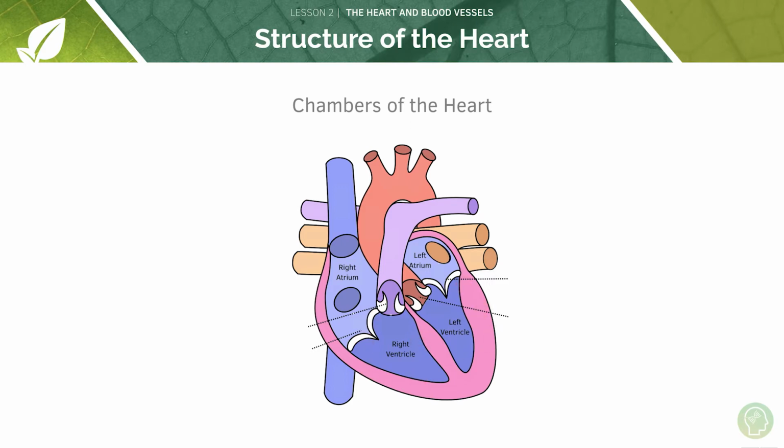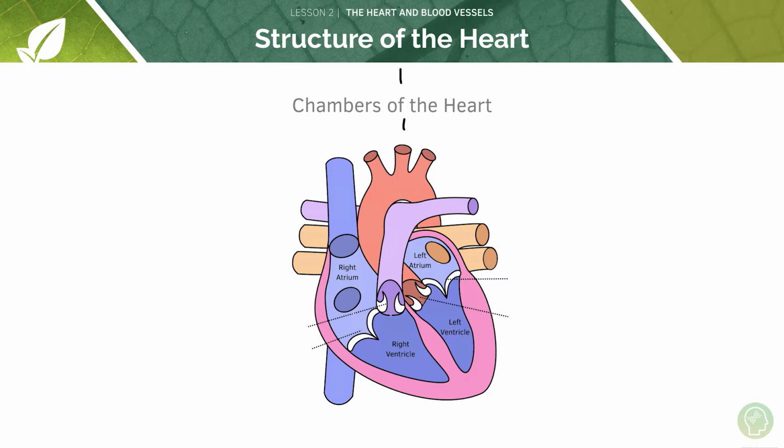Something that you're going to have to get to grips with pretty quickly is that rights and lefts are already confusing enough, but when you're looking at a diagram of the heart or any organ in the human body, it's going to be swapped around, because you've got to imagine that you are looking at the patient face on.